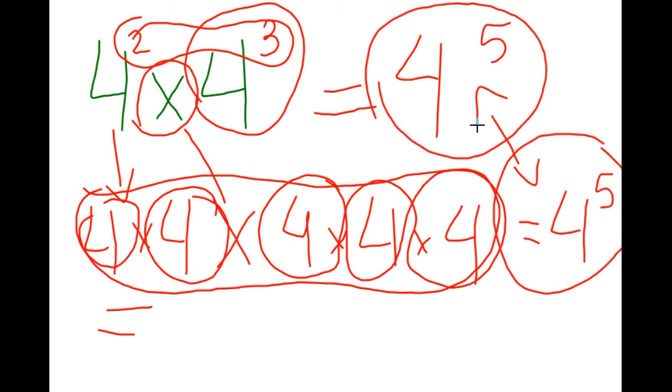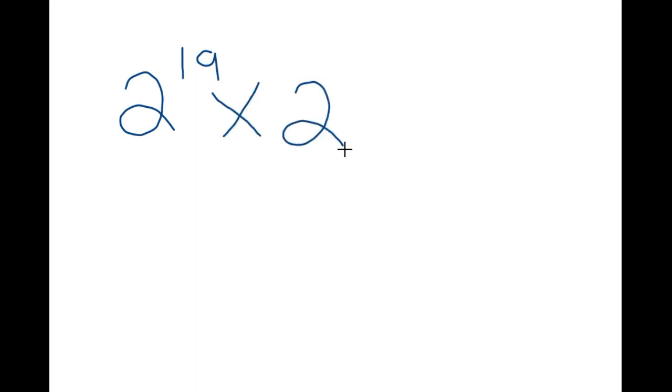So rather than expanding them all, you can simply add the powers up and find out the answer. And this will be much easier. This method will be a great relief for you when the question is in different forms like this. Let's say 2 to the power of 19 times 2 to the power of 7.